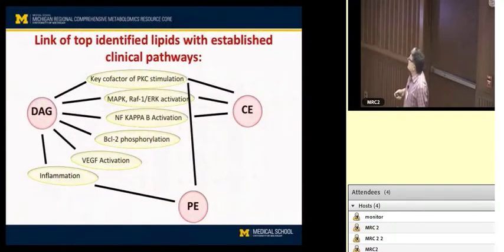So at the end, we found a number of diacylglycerols, phosphatidylethanolamines, and cholesterol esters to be predicting progression of CKD to end-stage kidney disease.